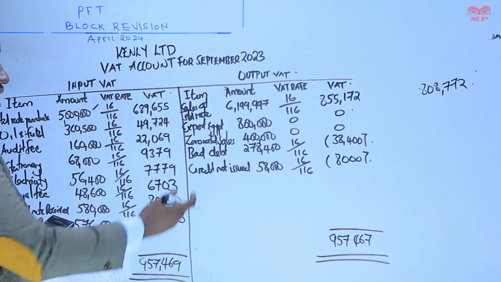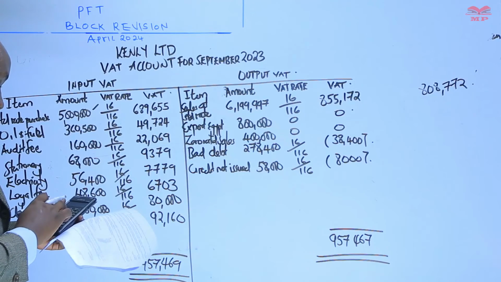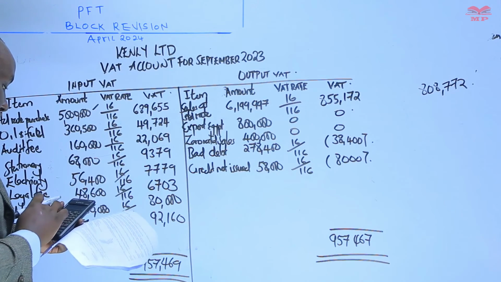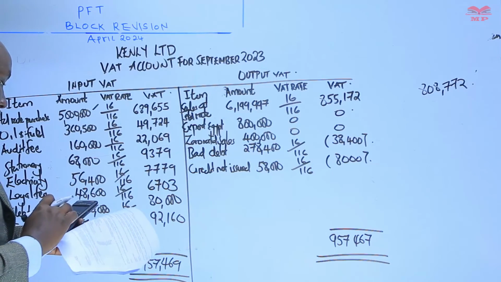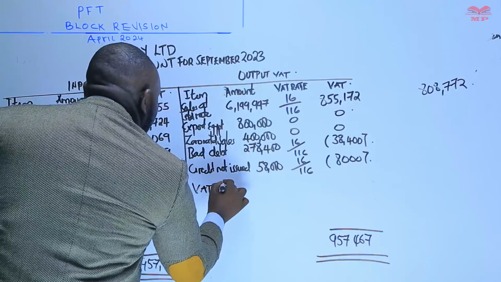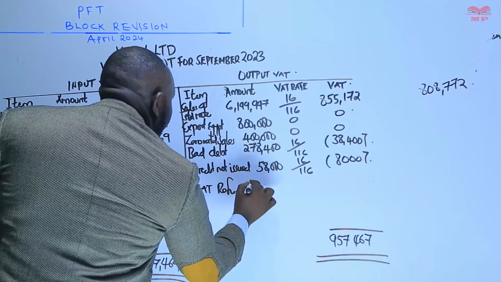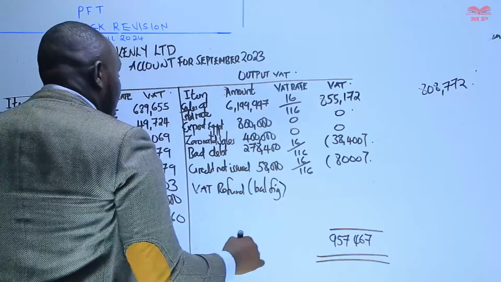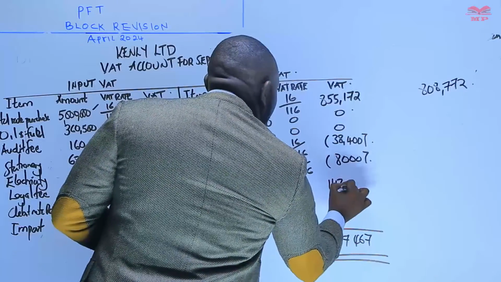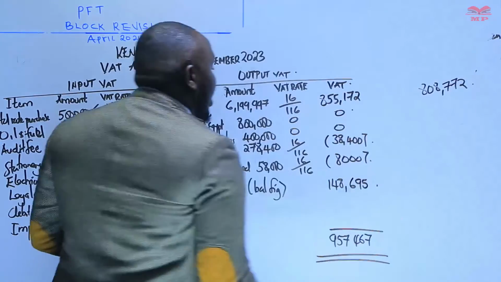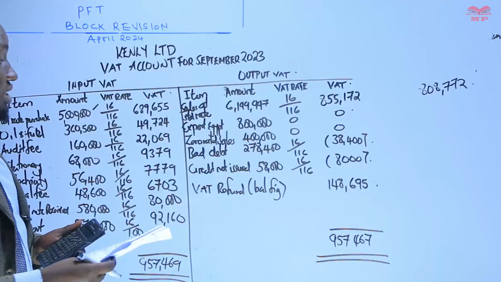So minus that, 957,467 minus the answer. So that should be VAT refund. And that is called the balancing figure. So the balancing figure should be about 148,695. That's a refund.